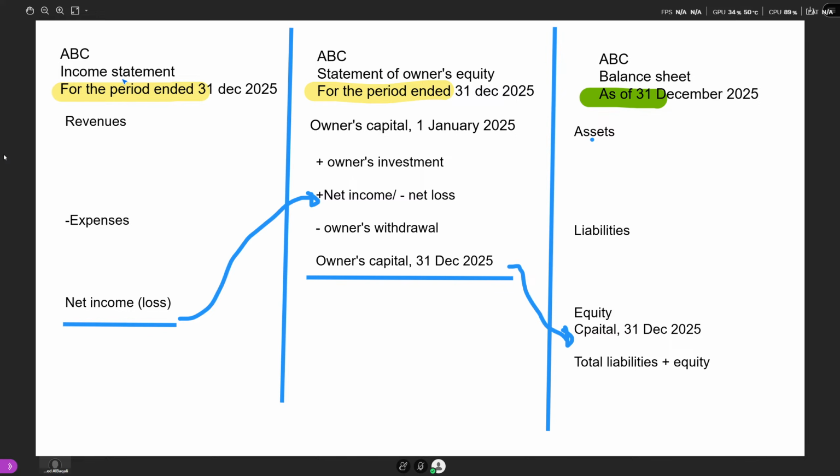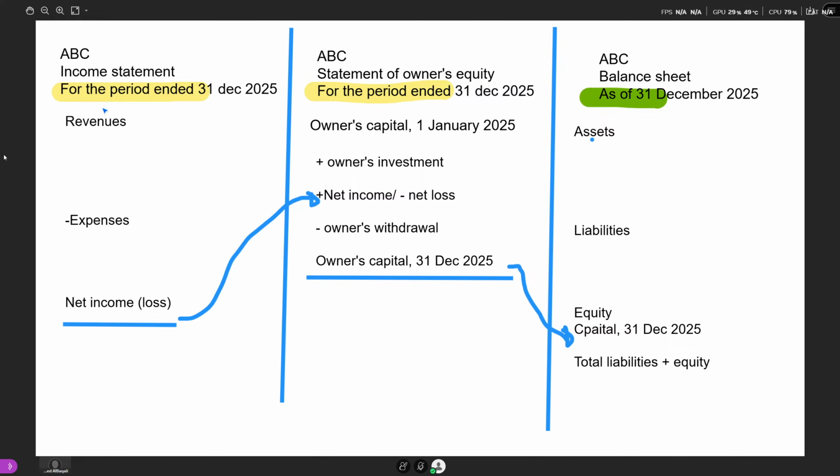If you see the income statement here, I am saying that this is for the period or for the year that ended in 2025, which means that everything that I see in here relates to only one year. This is my revenues, my sales.